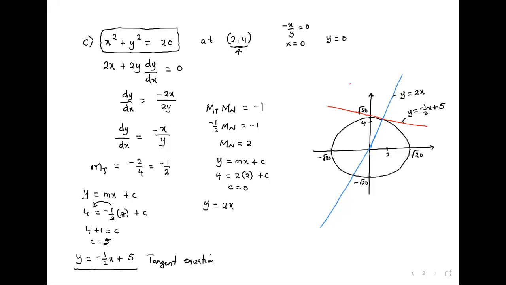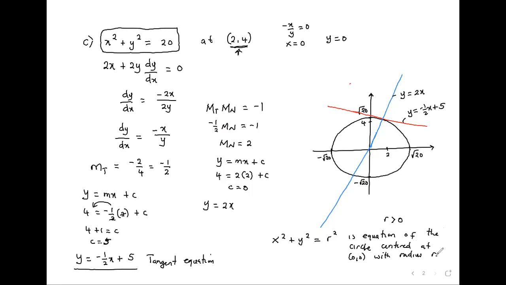So one thing you should know is that whenever you have x squared plus y squared is equal to r squared, where r is greater than 0, this is the equation of the circle centered at (0, 0) with radius r.